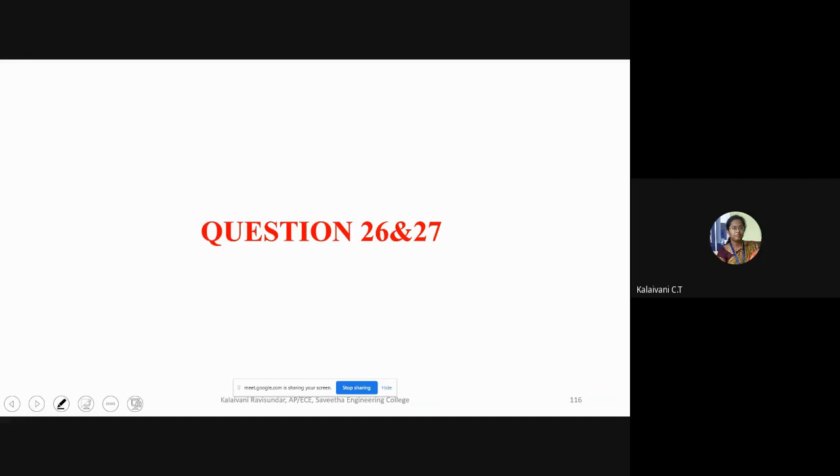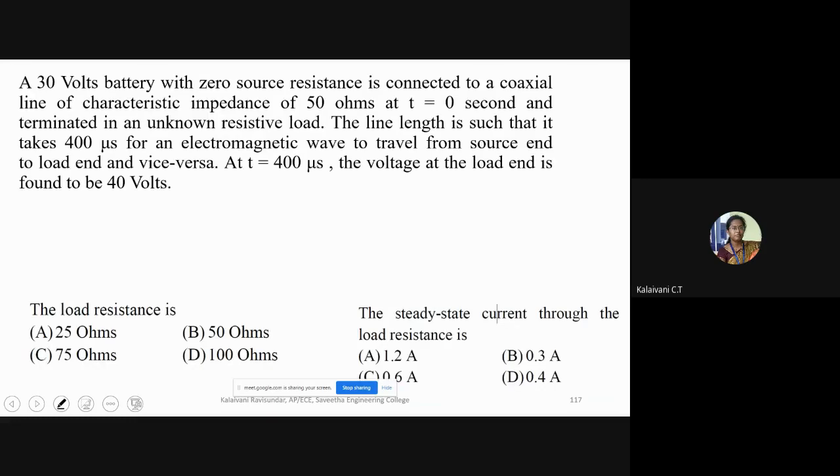Again, the next question is common data for two questions. So this is the question. A 30-volt battery with zero source resistance is connected to a coaxial line of characteristic impedance 50 ohms at t is equal to 0 seconds.